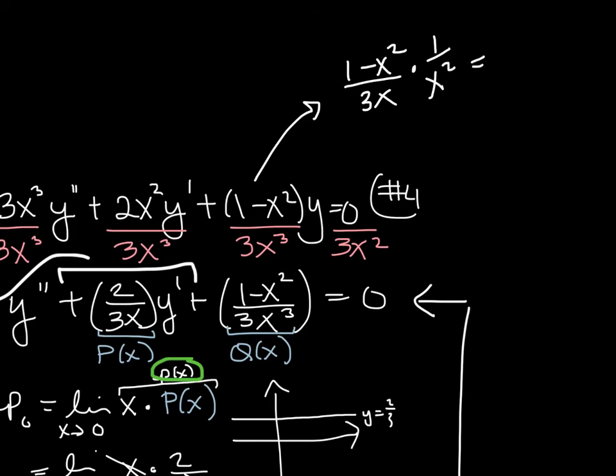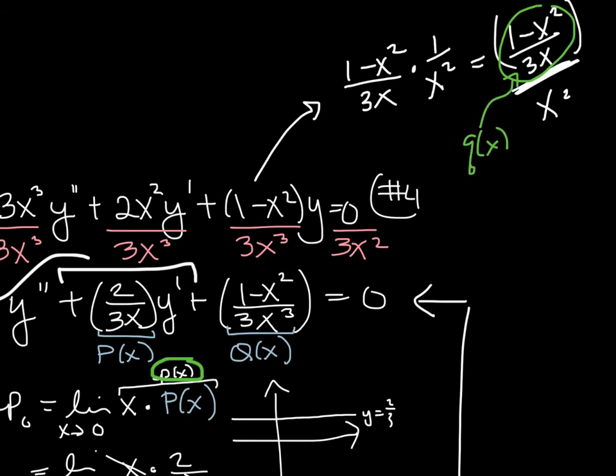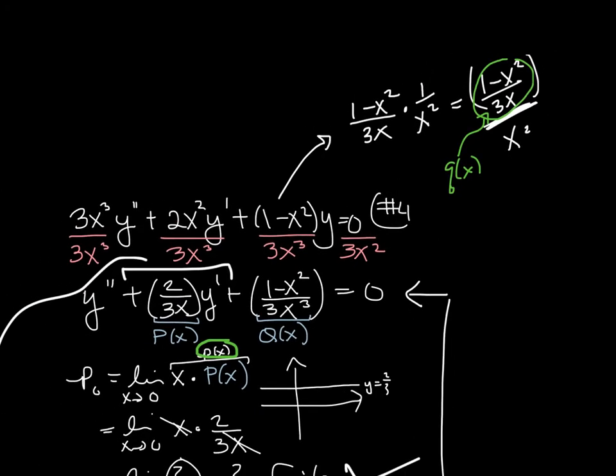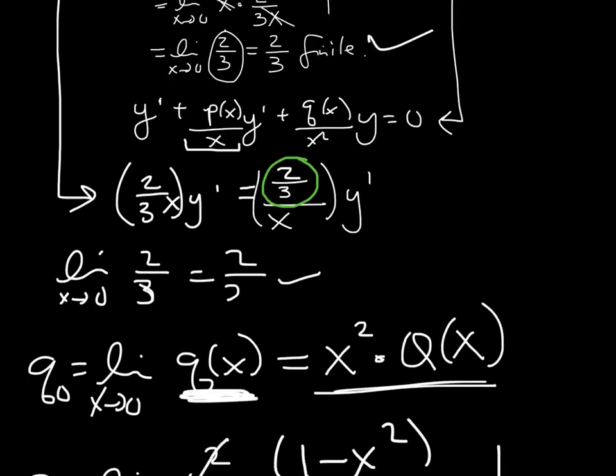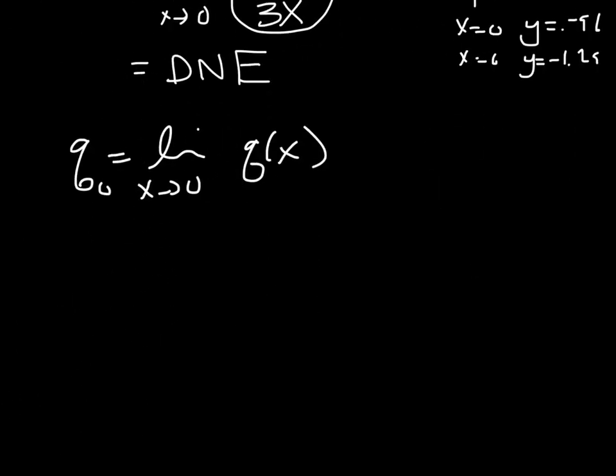We can even write this as 1 minus x squared over 3x divided by x squared, because when you divide by x squared, you're just multiplying by the reciprocal. So here's my Q of x. And again, it's your preference if you're comfortable manipulating the expression. So my Q of x is 1 minus x squared over 3x.